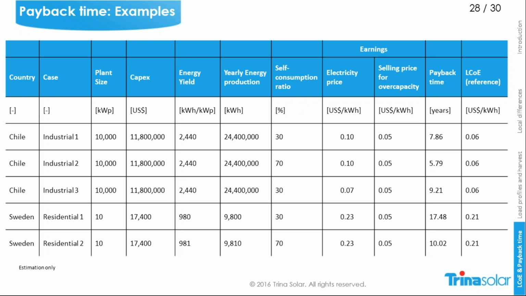A high self-consumption ratio can only be achieved if you really know the load profile of the customer, so that you can analyze it and say, okay, we have a different kind of system portfolio which we can offer, and this is the best option.